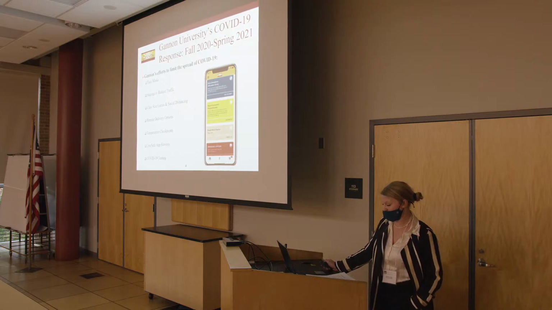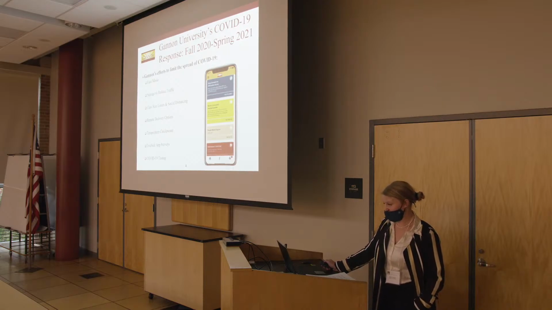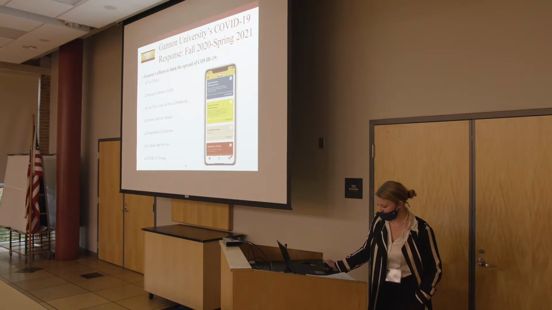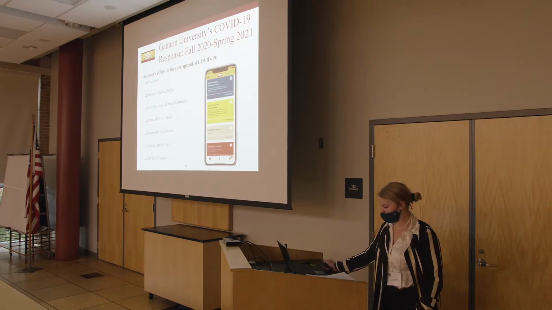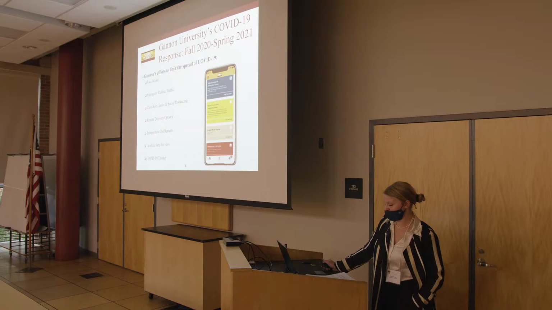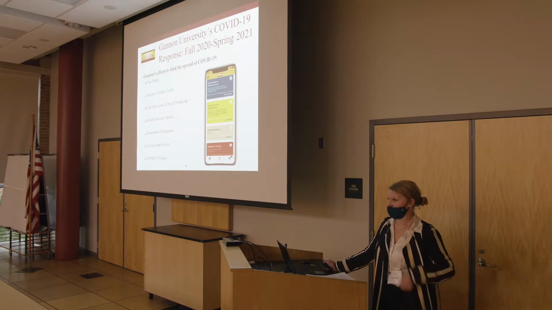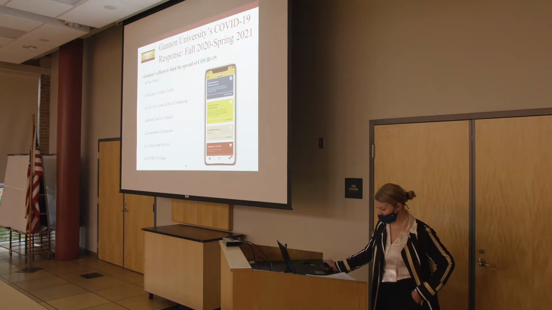There were temperature checkpoints at many entrances to the buildings. There was a LiveSafe app, which is pictured here, that was used to monitor symptoms of students and staff and was required every day before attending class.